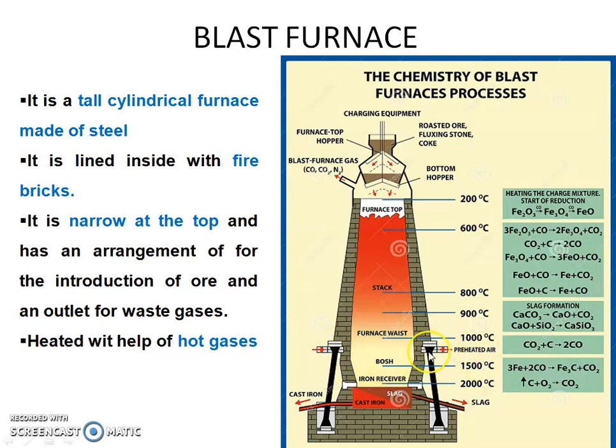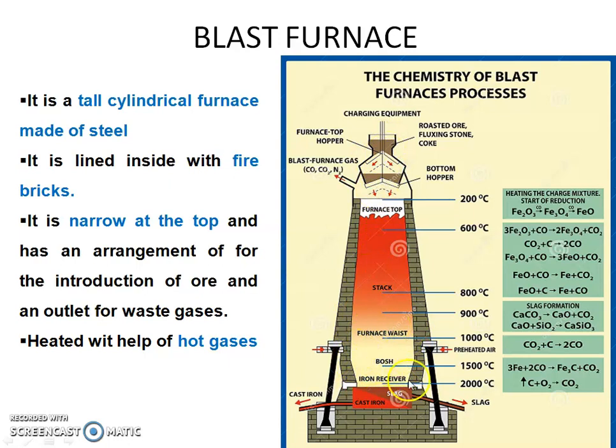From both these tires hot air will pass. This carbon and hot air will react to form carbon dioxide. First carbon dioxide is generated from the hot air and the upward carbon.